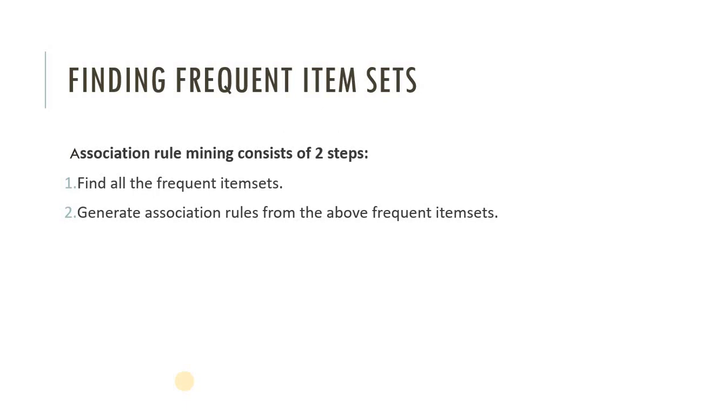From that we find the frequent item sets, and on those frequent item sets, based on some algorithm, we find the association rules. Those rules can be applied in any supermarket or any other shopping or retailer shop. That can be useful to improve the business. That is why it is used.